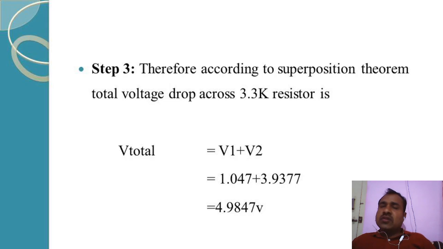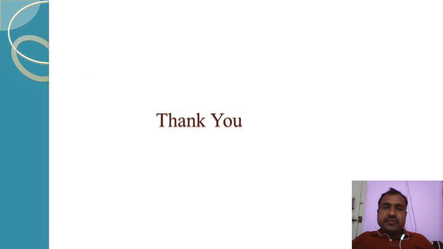V total is equal to V1 plus V2, that is 1.047 plus 3.9377, which is 4.9847 volts. This is the voltage applied across the 3.3 k resistor. Like this, you can solve for any voltage or current at any place using the superposition theorem. Thank you.